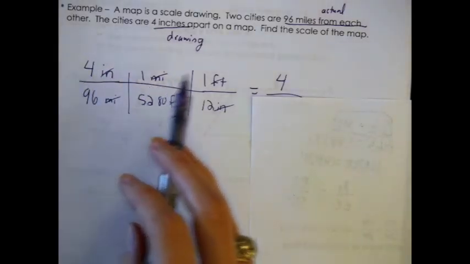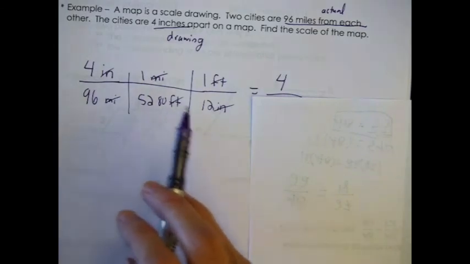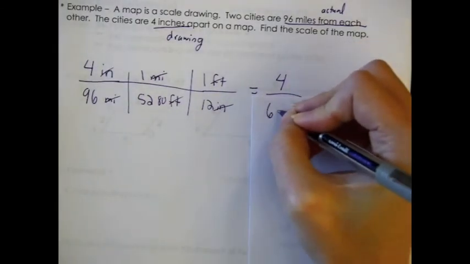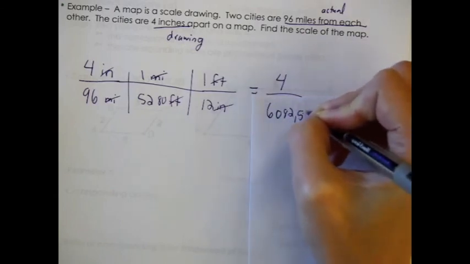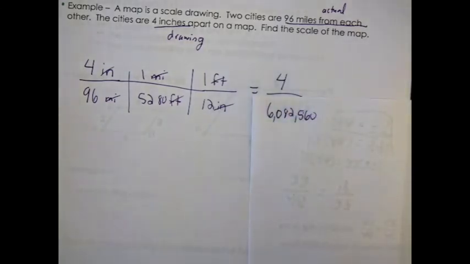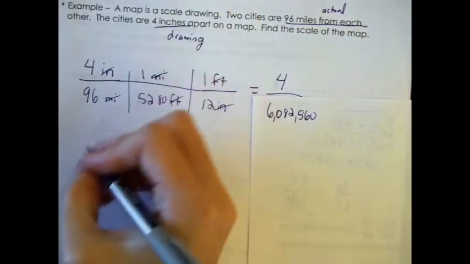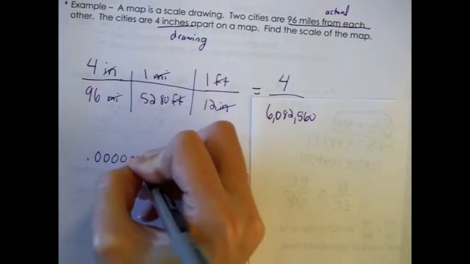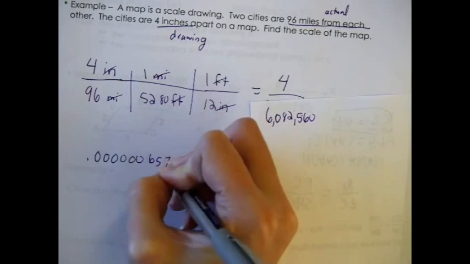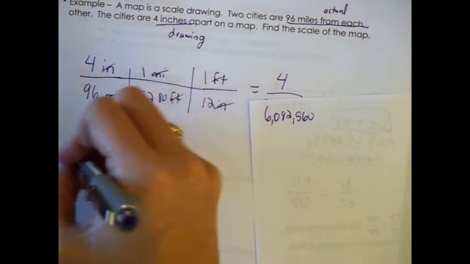So 4 times 1 times 1 is 4, and 96 times 5,280 times 12 is 6,082,560. And we go ahead and divide the numerator by the denominator. To simplify it, we're going to get 0.00000657 to 1. And that is our scale.